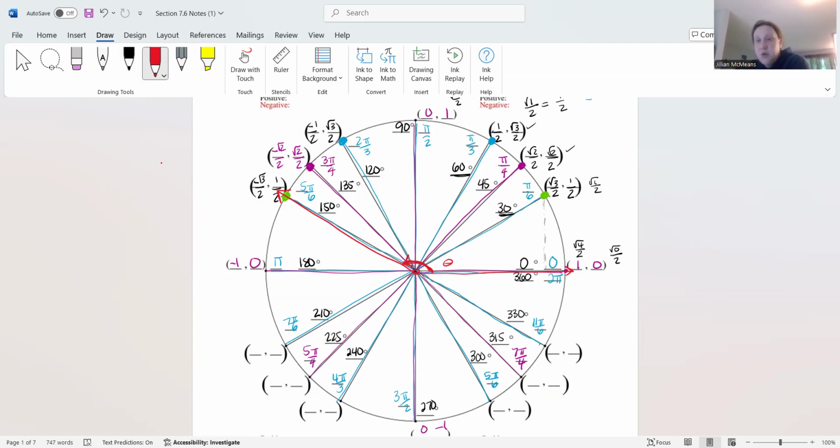Well, a couple of sections ago, we learned about something called reference angles. Reference angles are an angle drawn from the terminal side of theta to the x-axis. So I could draw an angle here, I could call it alpha. And basically, I need to ask myself, how much further would I have needed to go from 150 to get to 180? Well, I would have had to go 30 degrees.